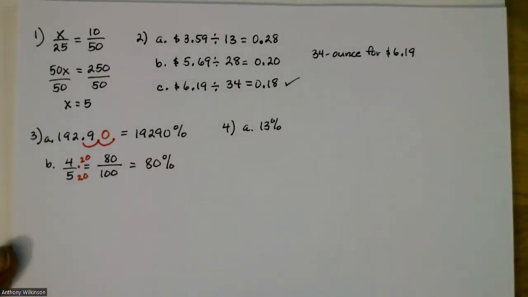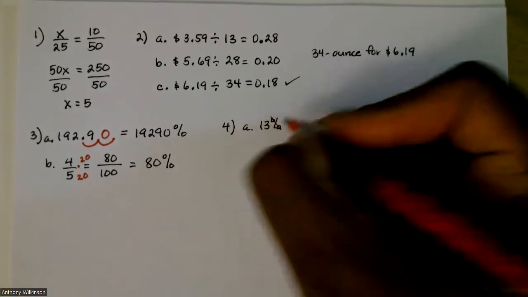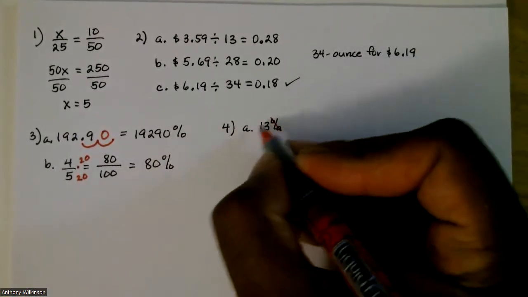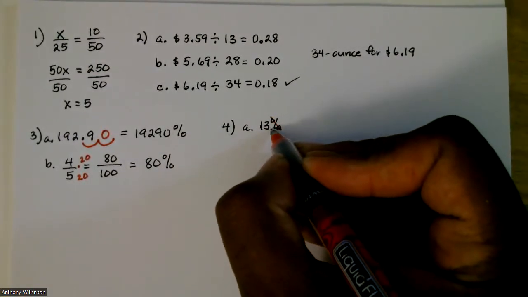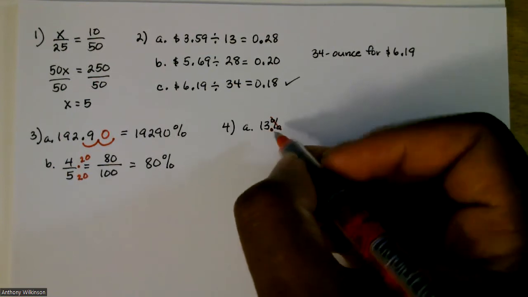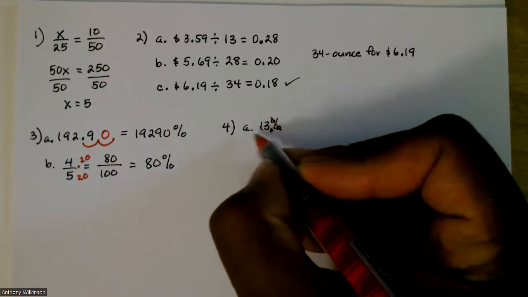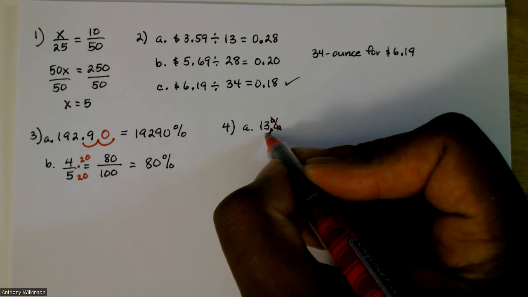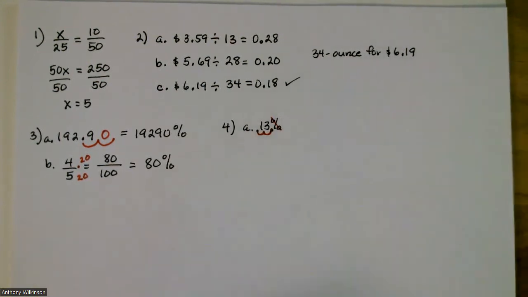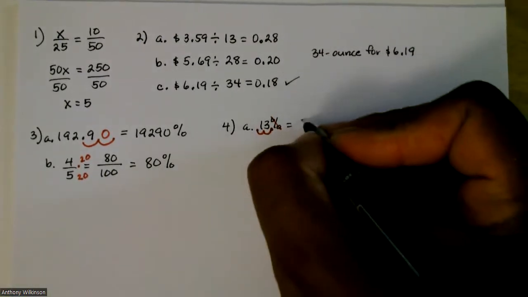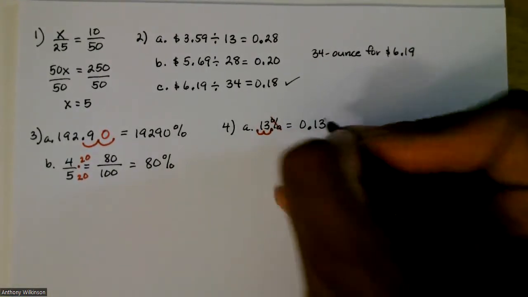Now 13%, to change that to a decimal, we drop the percent sign and move the decimal point, which is in this case, since it's a whole number, the decimal point is understood to be behind the last digit. We move it 2 places to the left. So if I move this 2 places to the left, that decimal point will be in front of the 1. So 13% as a decimal will be 0.13.